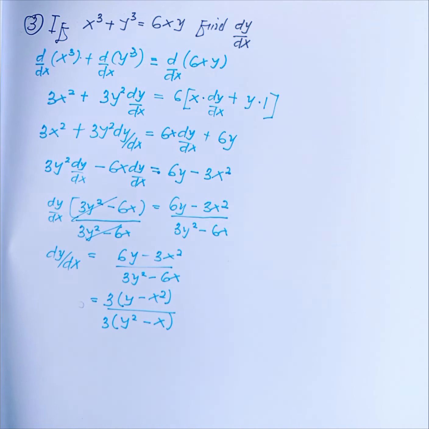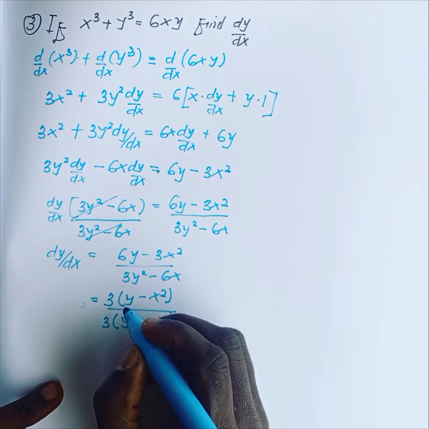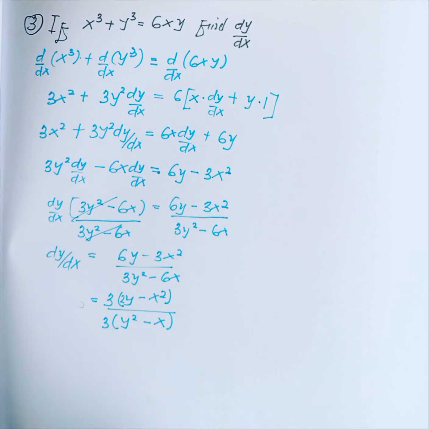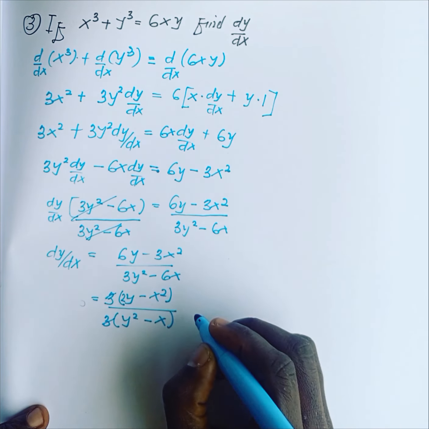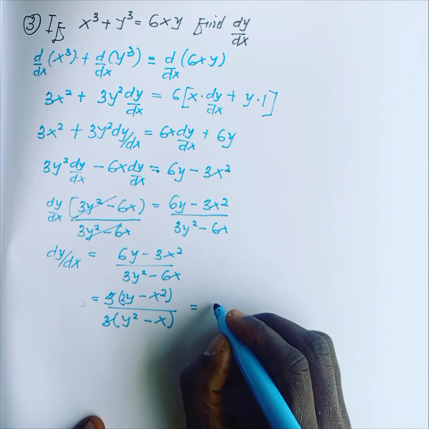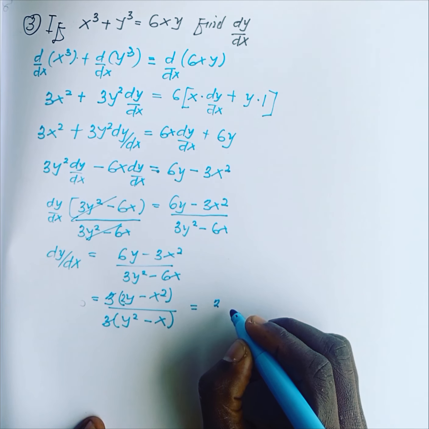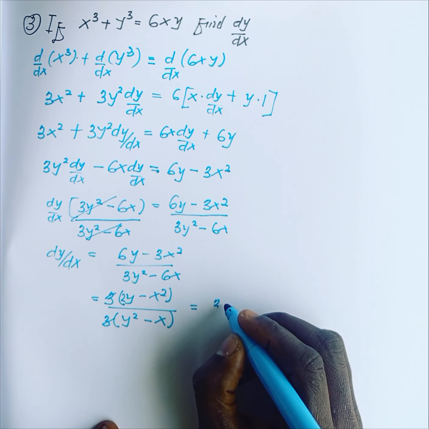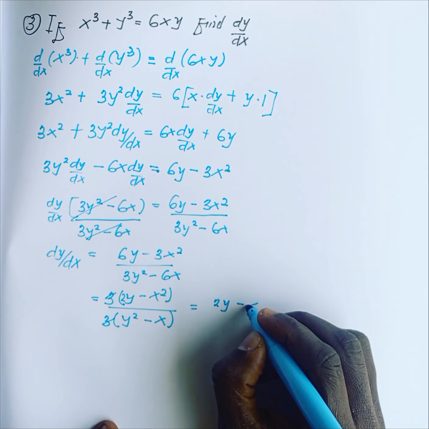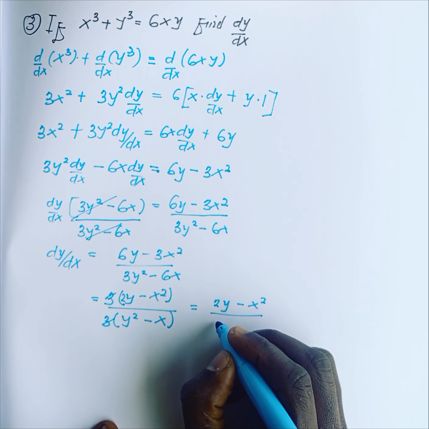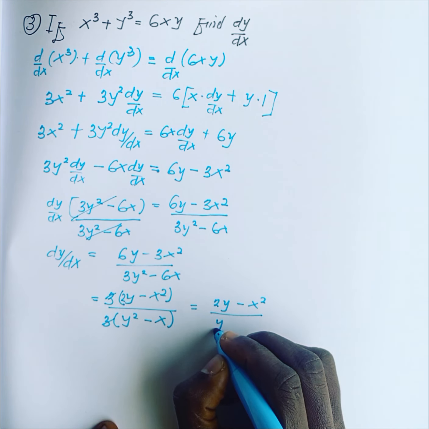So 2 is supposed to be here, sorry. We have 2y. Good. So you can see that this and that go, and we are left with 2y minus x squared all over y.